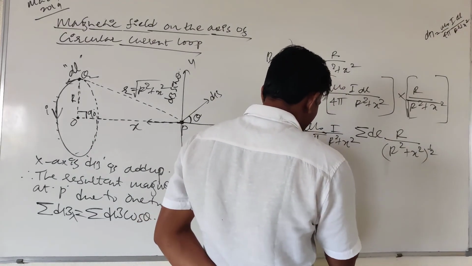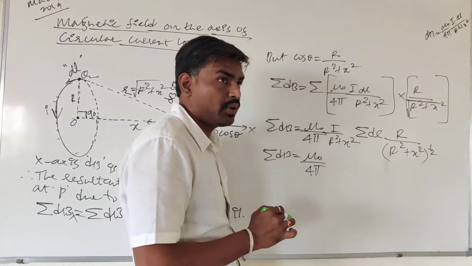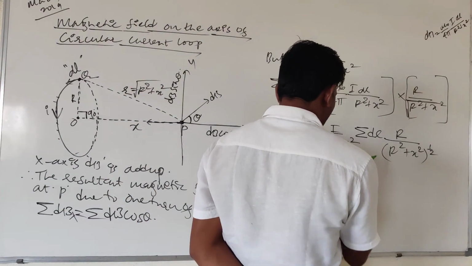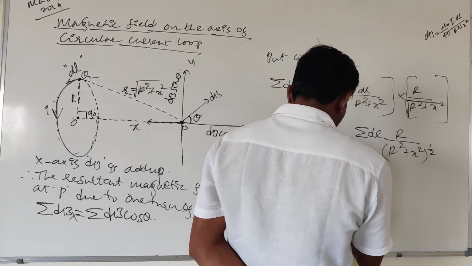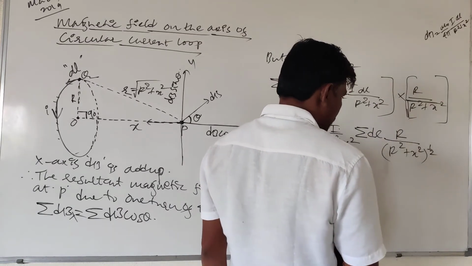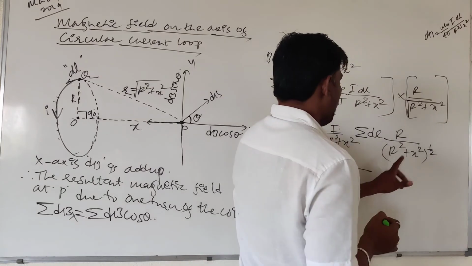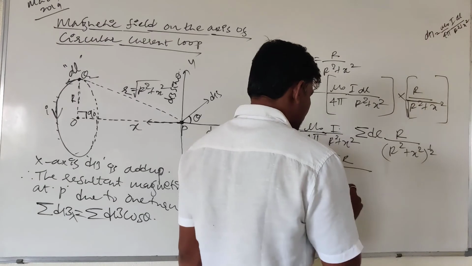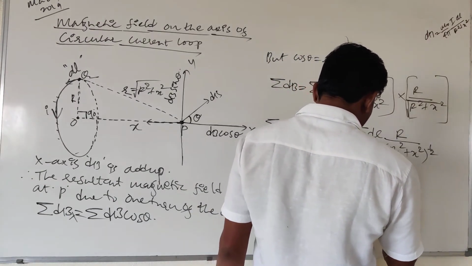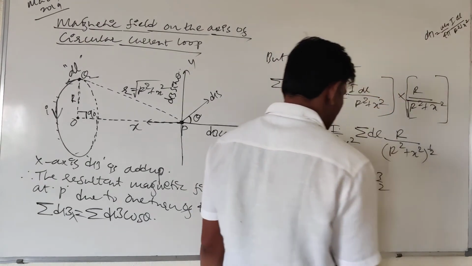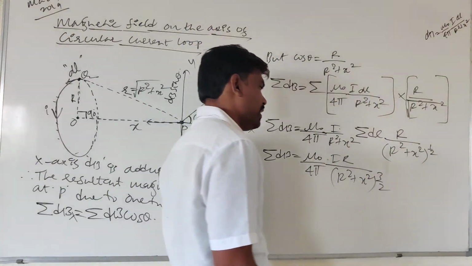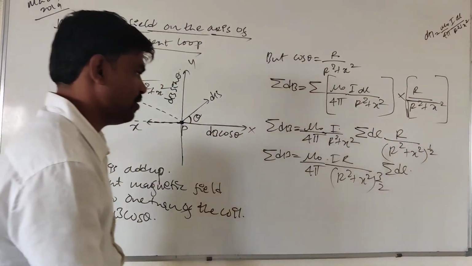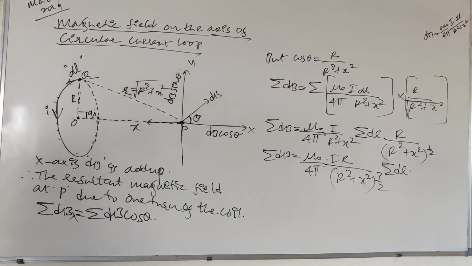Mu naught divided by 4 pi, summation of I into r, right, divided by r square plus x square raised to 3 by 2, adding the powers a raised to m times a raised to n. So we get r square plus x square raised to 3 by 2. Once again, summation of dl. Very important.